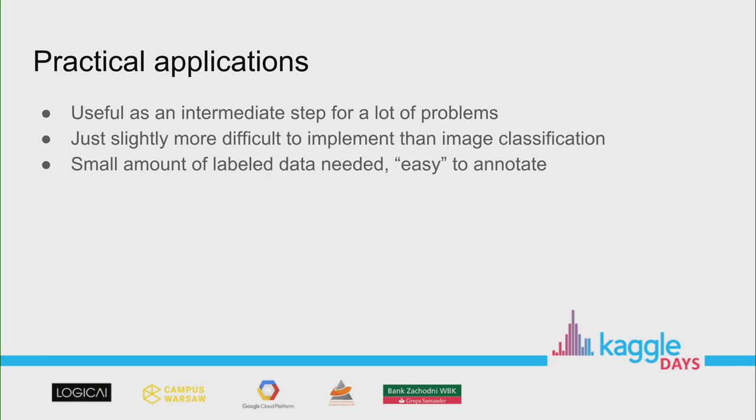Also, it doesn't need that much data to train, because the target you are predicting is really high dimensional. If you're doing image classification, then the target is just the class. But if you're doing semantic segmentation, then the target is the whole image. So it's a lot more information for the network. And labeling is relatively easy, so you could do it even in Paint, for example. So yeah, in practice, it's also quite useful.